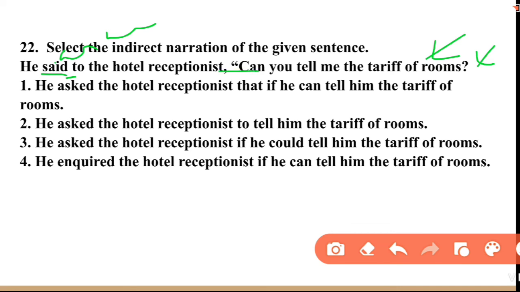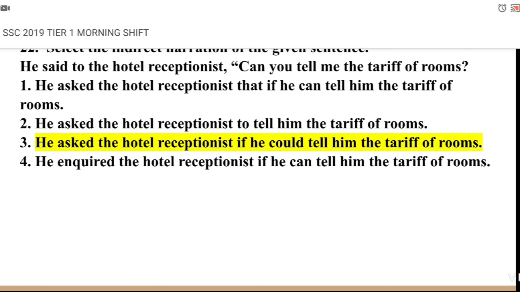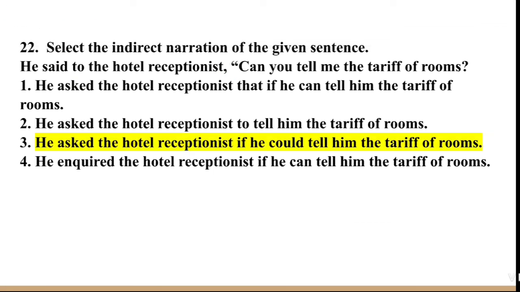If you're lifting this question mark, then "if" would come: if he could tell him the tariff of rooms. So look at this. Option 3 would be the answer. He asked the hotel receptionist if he could tell him the tariff of rooms.